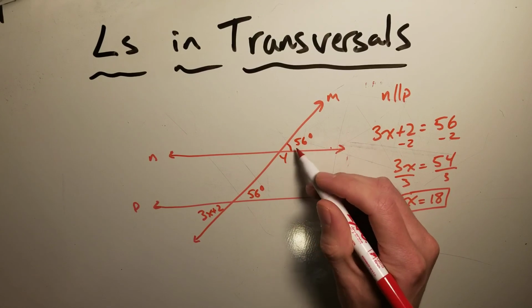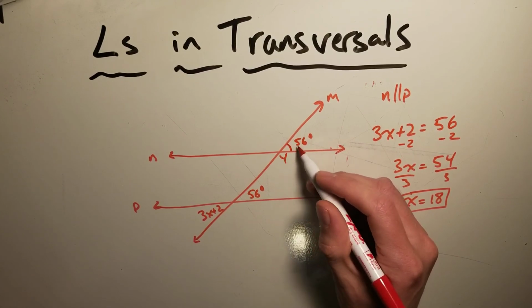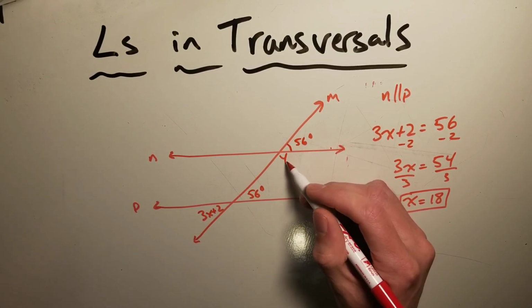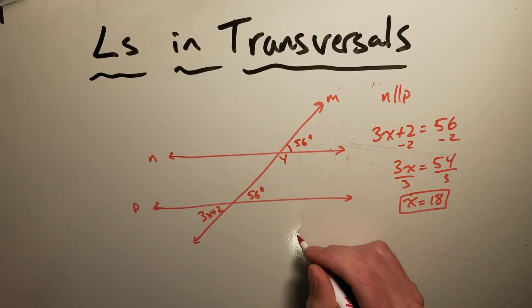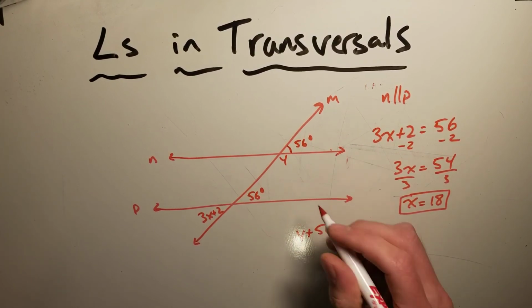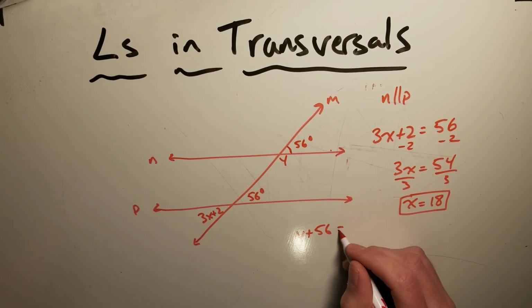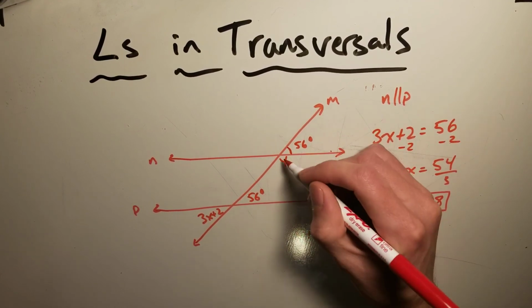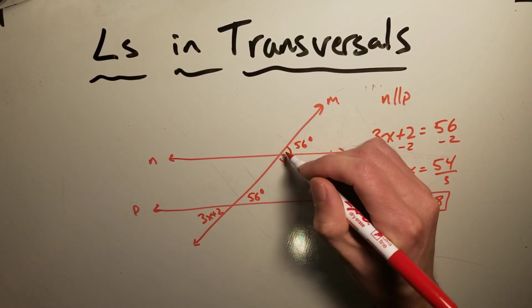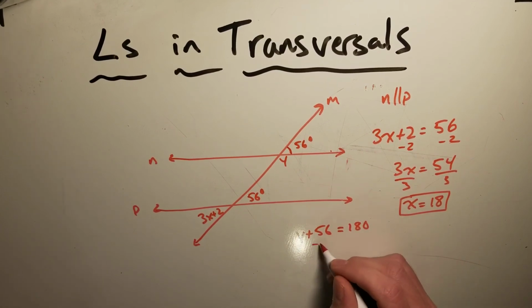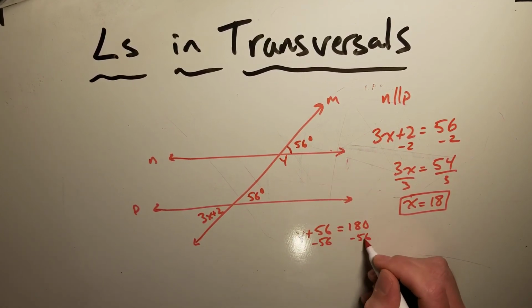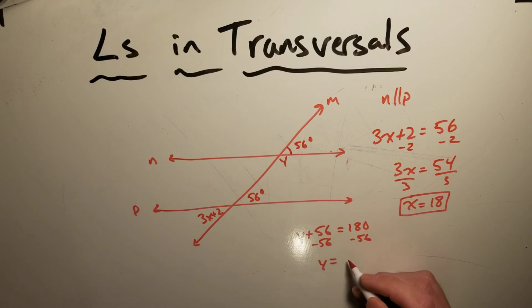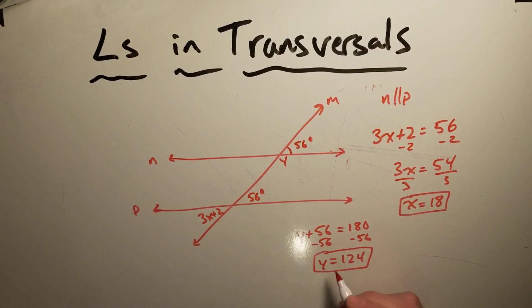And then the relationship between these two, well, they're going to have to be equal to 180 because they're supplementary. So y plus 56, these two angles added together should equal 180. They make that whole straight angle between the two of them. And then you're just solving for your y. So when you subtract, you should get 124. That's your value for y in this one.